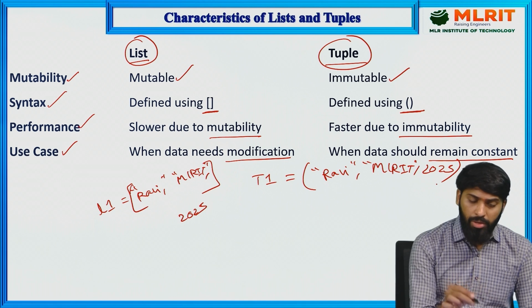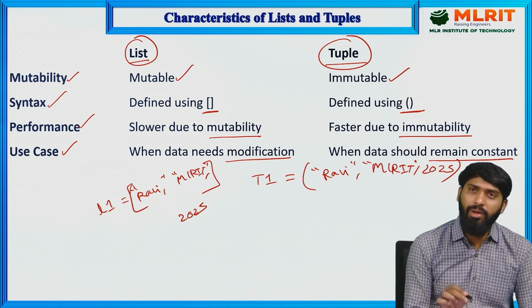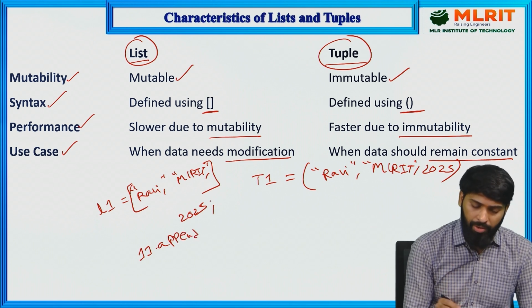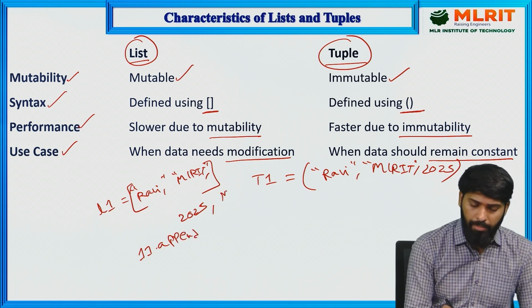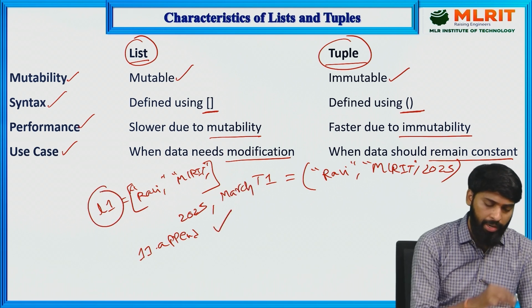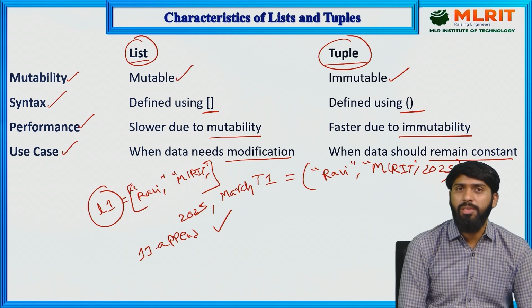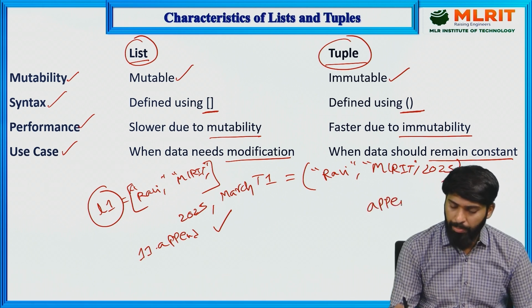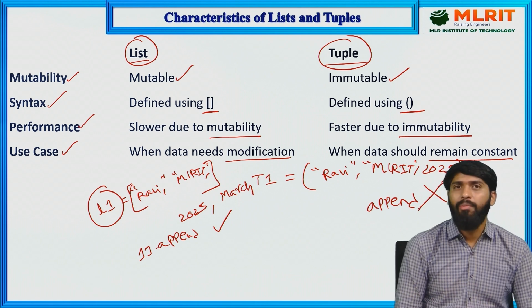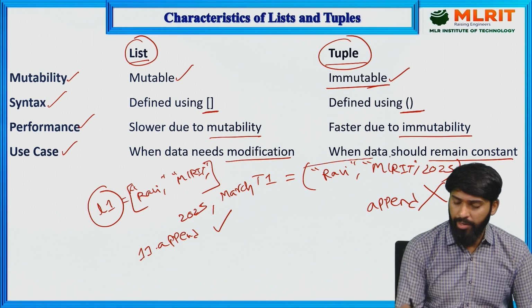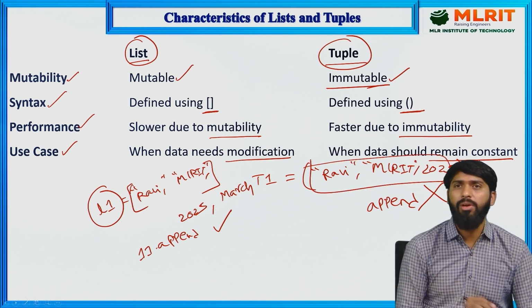Now mutable means if I try to add anything, L1 dot append, I want to append a new item, for example the month March. This is possible when you define the data structure as a list. But if you try to append anything to a tuple, this is not allowed. Why? Because the tuple is immutable. Once you create the tuple, we cannot modify it further.